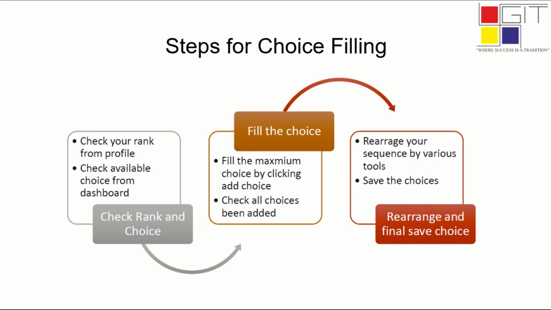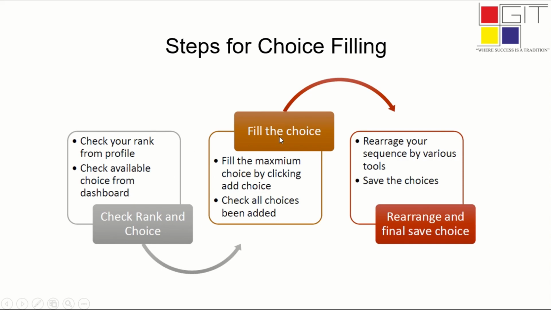Now, steps for choice filling. This whole procedure is divided into three parts. The first is checking the rank and choice, where we'll check the rank from your profile and check all the available choices from the dashboard.